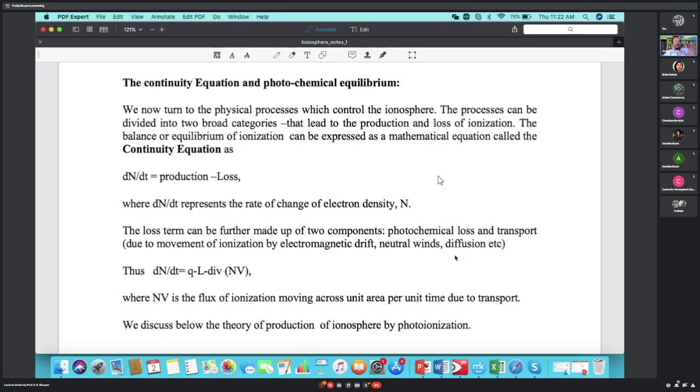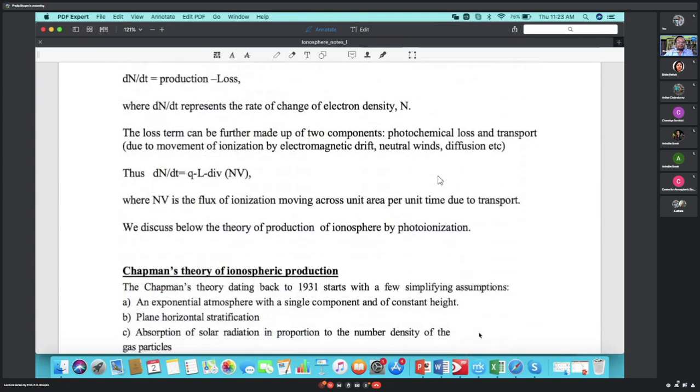Diffuse means a group of ions and electrons converge and then diffuse due to different processes, maybe gravity, etc. So what you get is dN/dt equals Q minus L minus divergence of NV. NV is the flux of ionization moving across unit area per unit time due to transport. Moving across means either in or out, okay? So we will discuss the theory of production of the ionosphere by photoionization, okay?